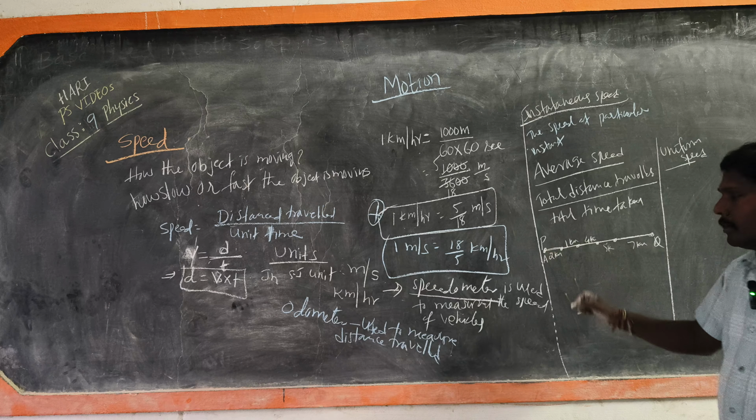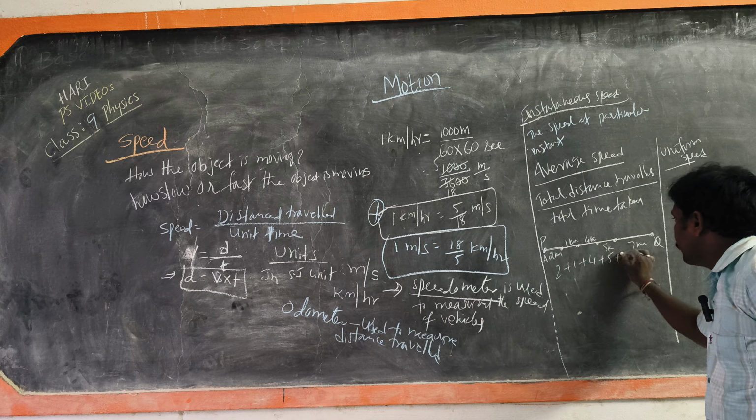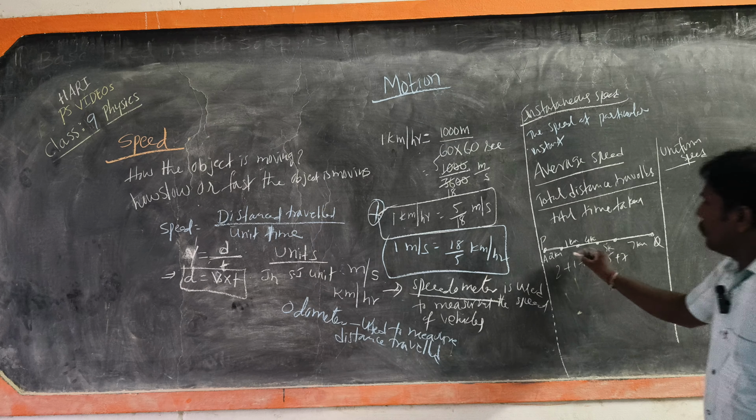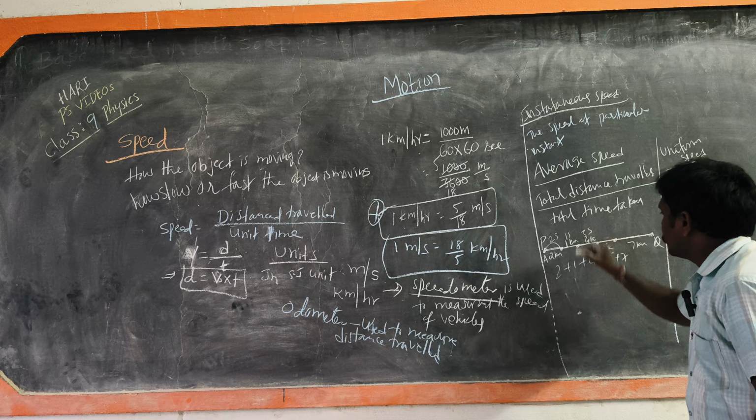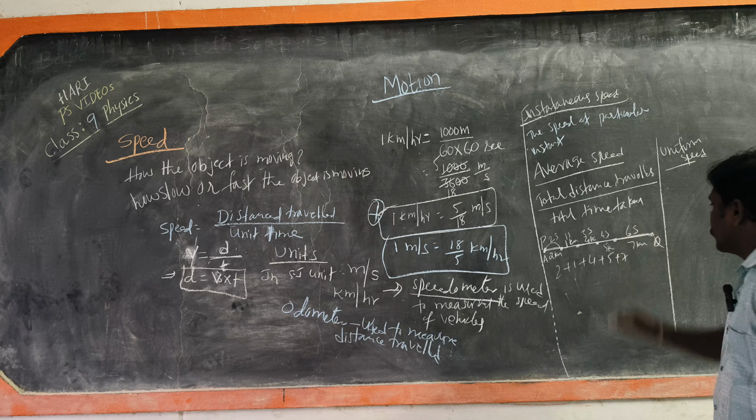Total distance covered is 2 plus 1 plus 4 plus 5 plus 7. Here to here it takes 2 seconds, then 1 second, then 3 seconds, then 4 seconds, then 6 seconds.